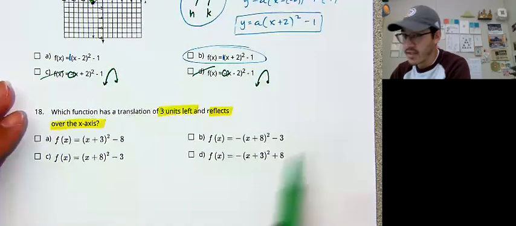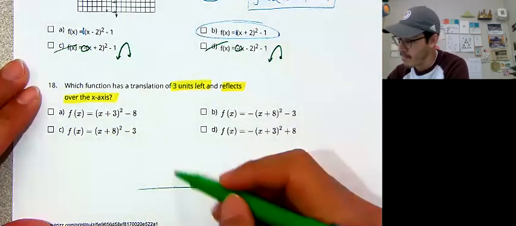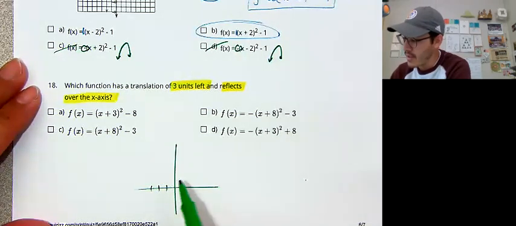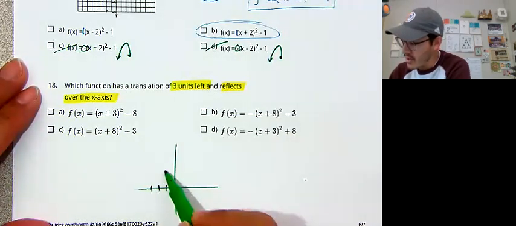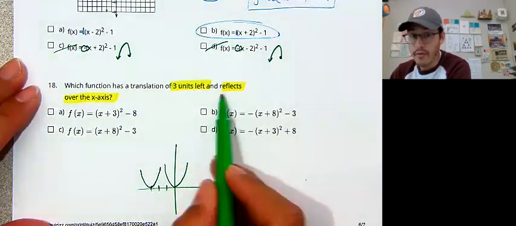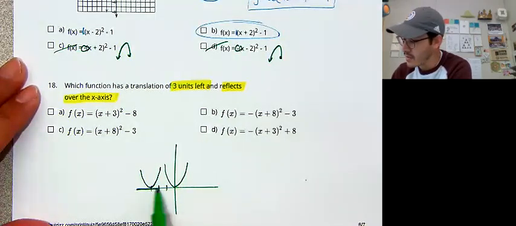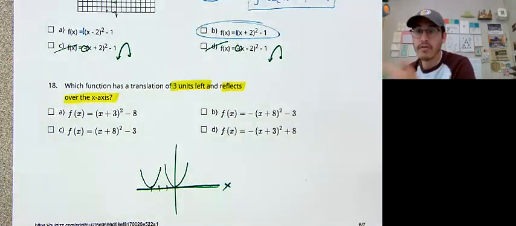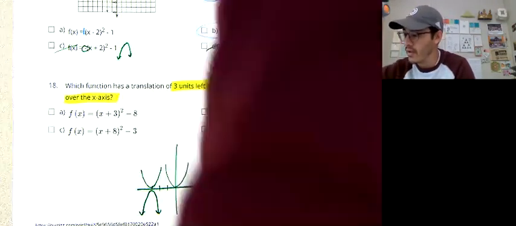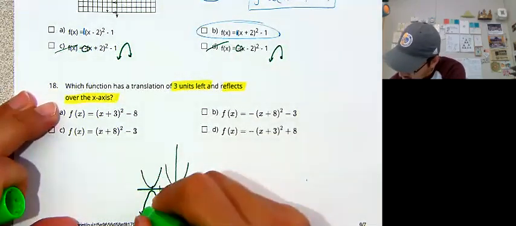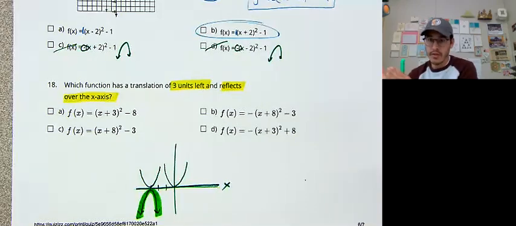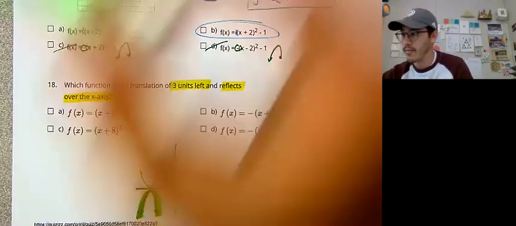So if I were to just sketch this, 3 units to the left, and so normally it would open up like this. 3 units to the left means now it's over here. And then reflect over the x-axis. Well, that's our x-axis. We're going to flip it over it. So now it's going to look like that. So this is the end result that we get after we follow all those descriptions. Shift it to the left and then reflect it down.